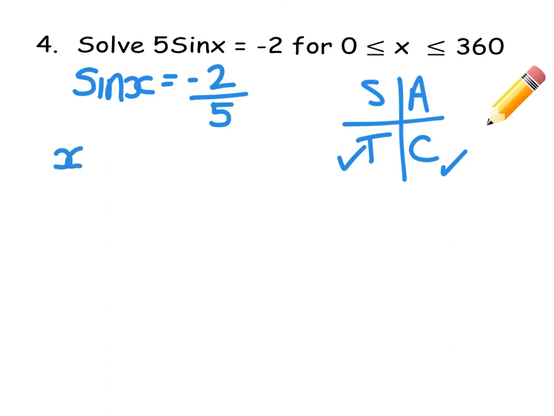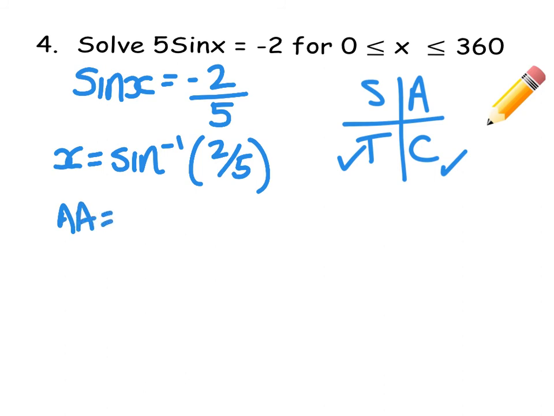So x equals inverse sine of positive 2/5. Remember, you can write that as 2 divided by 5. Go to your calculator, do shift sine of 2 divided by 5. 2/5 is a fraction. You could do it as a decimal of 0.4. Either way, you come out with an answer, to the nearest whole number, of 24.